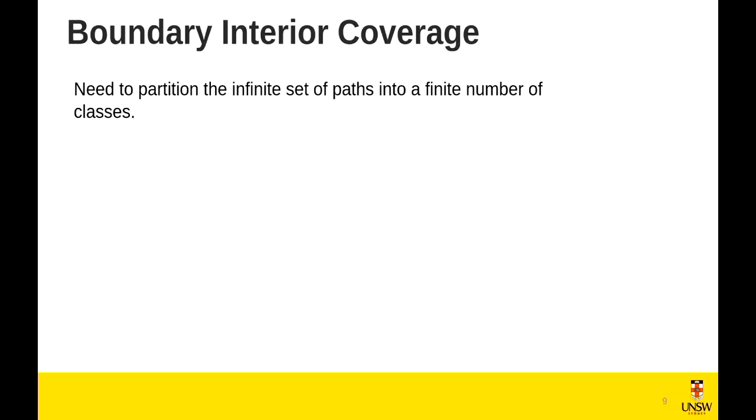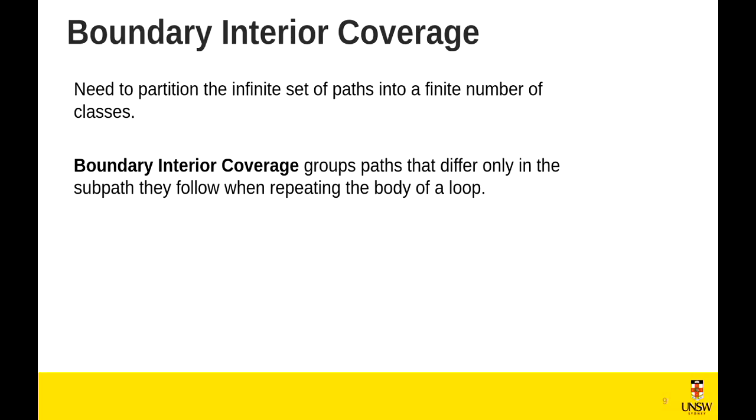The first type of coverage that is derived from path coverage is called boundary interior coverage. Remember, what we want is to partition the infinite number of paths into a limited number of categories. Since this infinite number of paths comes from loops, we can do this partitioning according to the loop conditions, according to what happens with the loop.